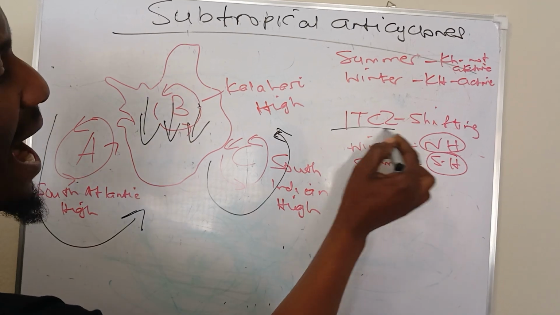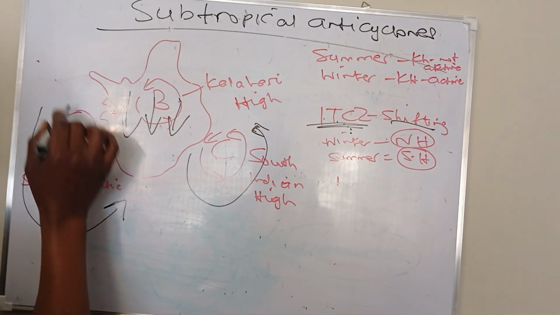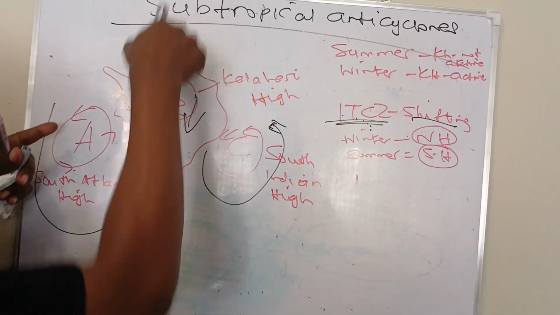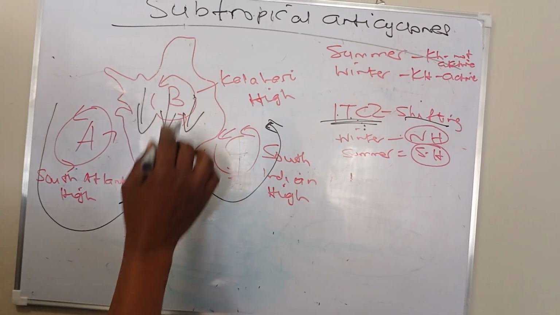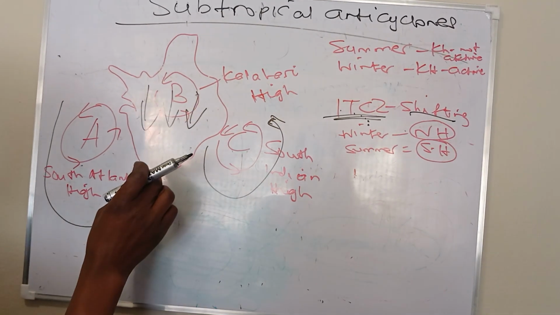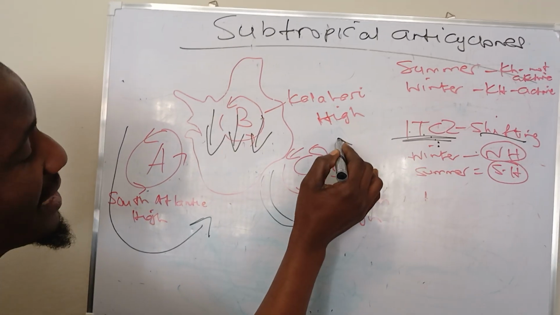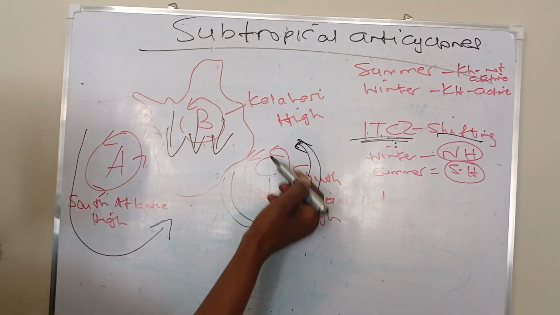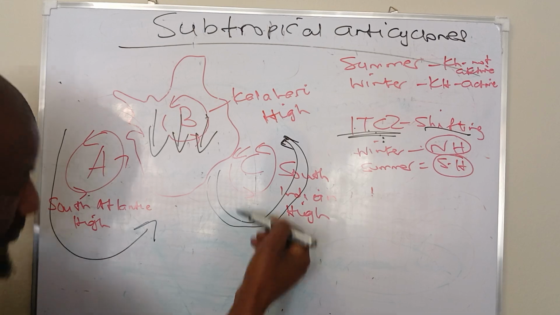And also our ITCZ, which is our intertropical convergence zone, will have shifted to the north. Hence, this is what makes the Kalahari high pressure system more active, so that it does not allow the warm moist air from the South Indian High to reach the interior of South Africa. It cannot go above the escarpment.